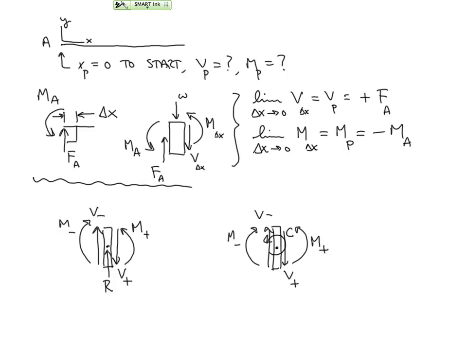In these sketches, the notation minus and plus as subscripts on V and M indicate the values of internal loads just before, in the case of minus, and just after, in the case of plus, the discrete load.